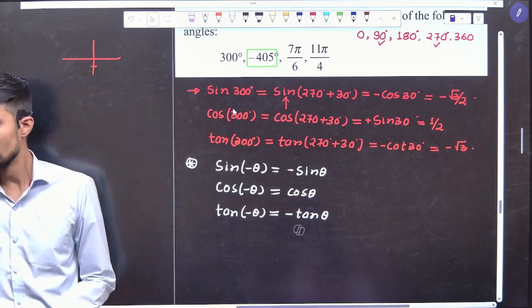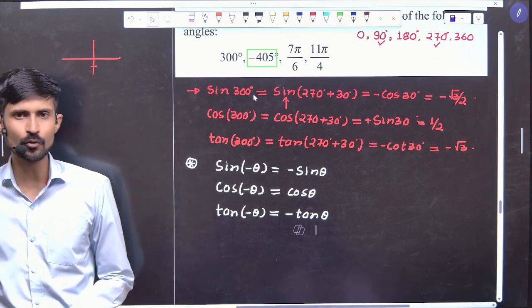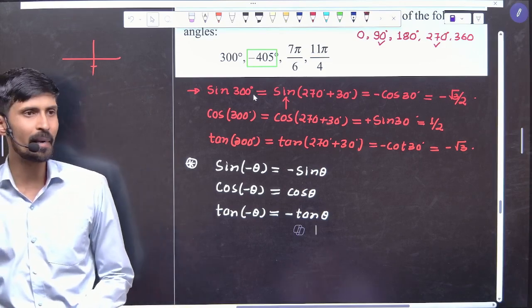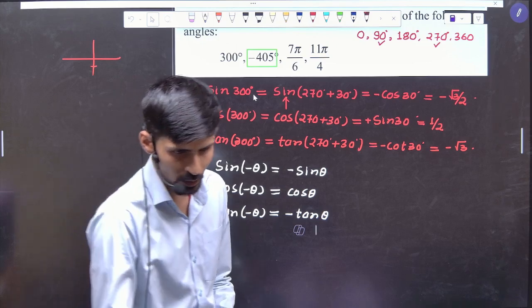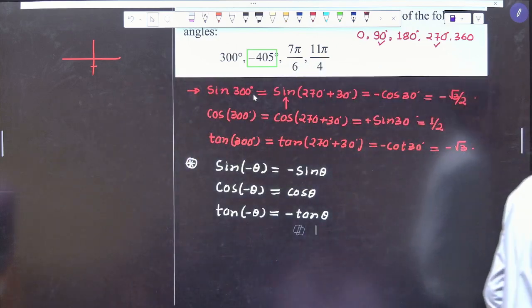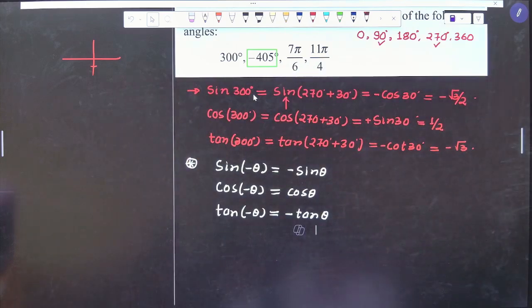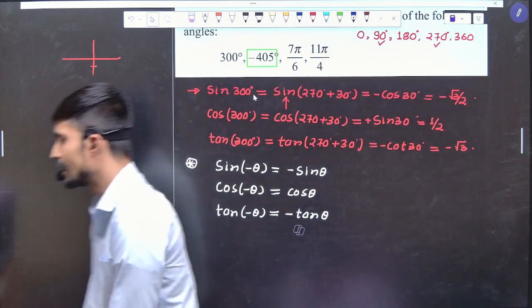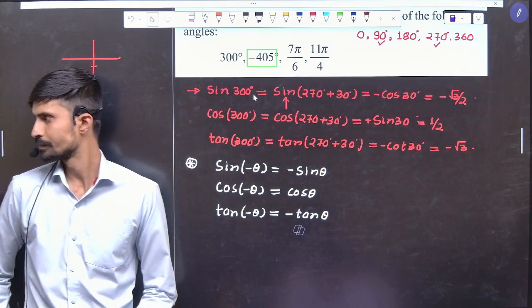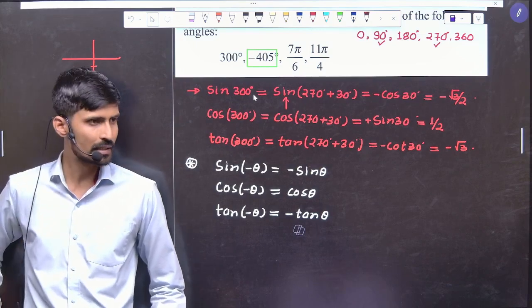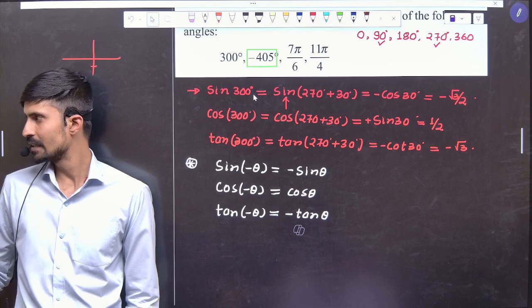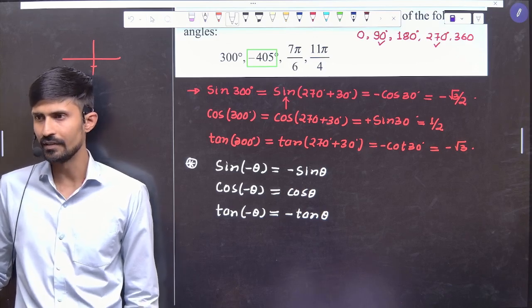Okay. So now suppose I am asking you to find the value of sine minus 405 degree. Write down. Sine minus 405 degree.